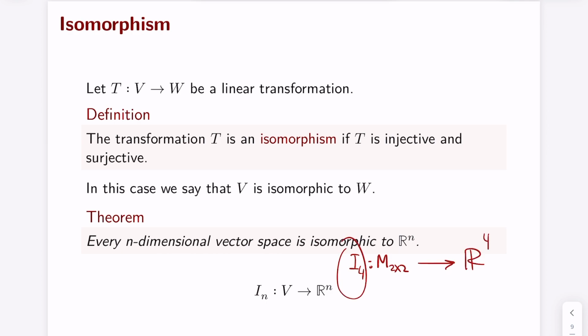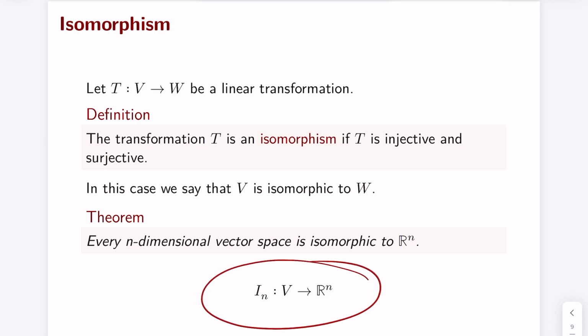Because we are saying that it is dimension 4. So what will be the isomorphism between them? Well, a matrix with entries a, b, c, d, we can transform it into the vector a, b, c, d. In that way, we can consider any matrix as a vector in Rn.